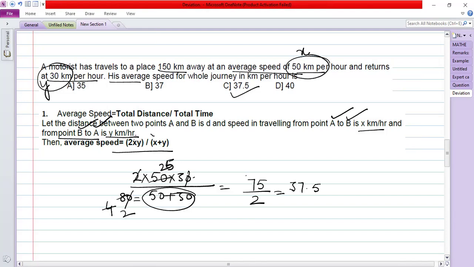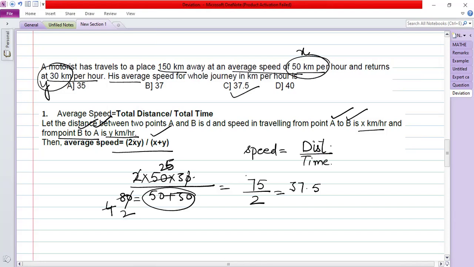Actually, we can derive this formula also. How can we derive it? The basic formula used is simple: speed is equal to distance traveled divided by time taken.